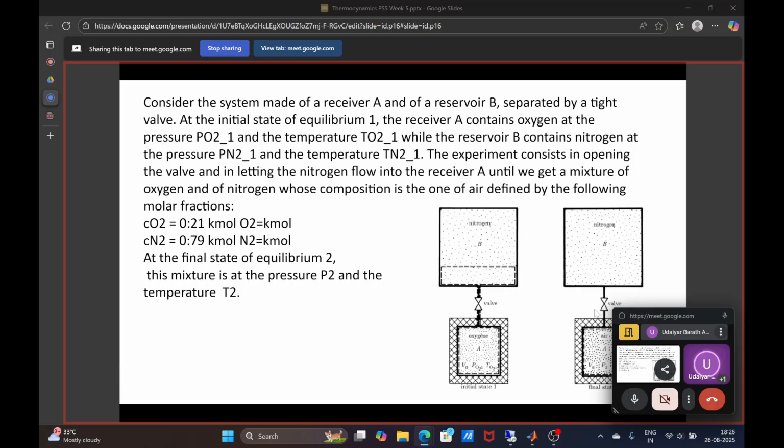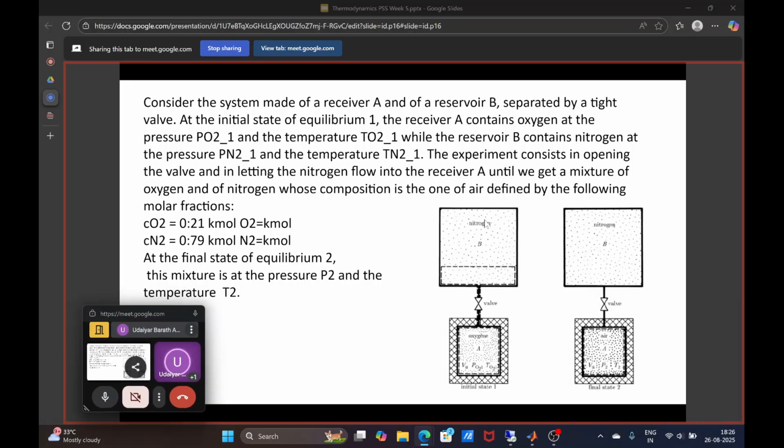The experiment consists in opening the valve and letting the nitrogen flow into the receiver A until we get a mixture of oxygen and nitrogen whose composition is the one of air, defined by the following molar fractions. At the final state of equilibrium 2, this mixture is at a pressure P2 and temperature T2.